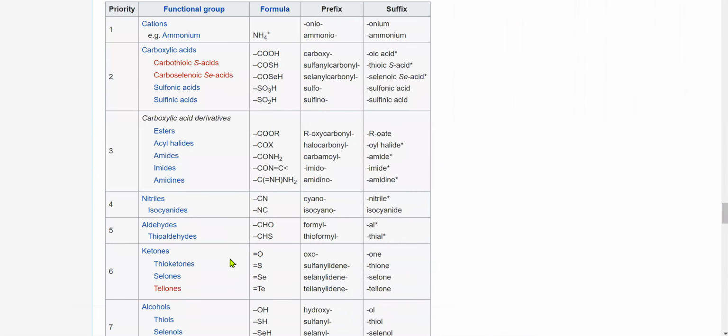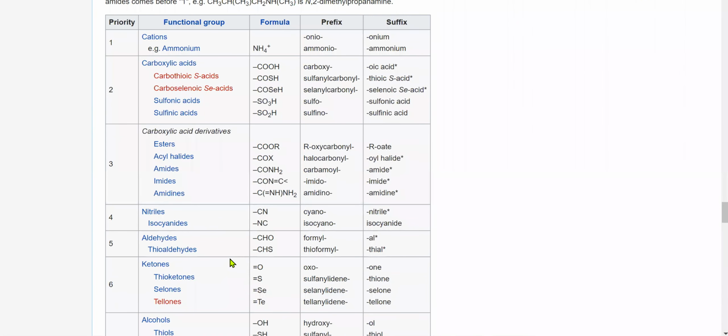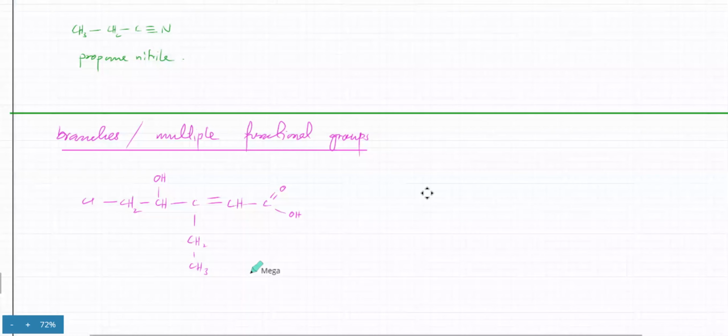Now, hopefully, you can see the table. The first thing is that all functional groups are not exactly the same.